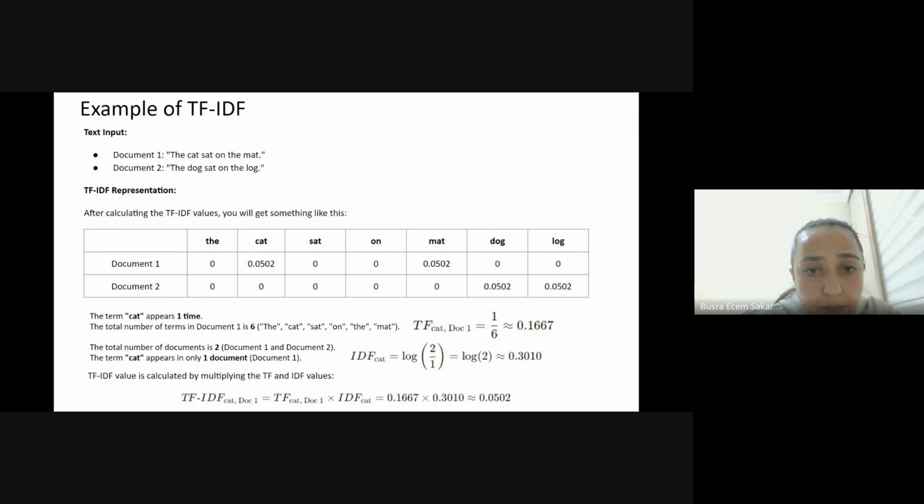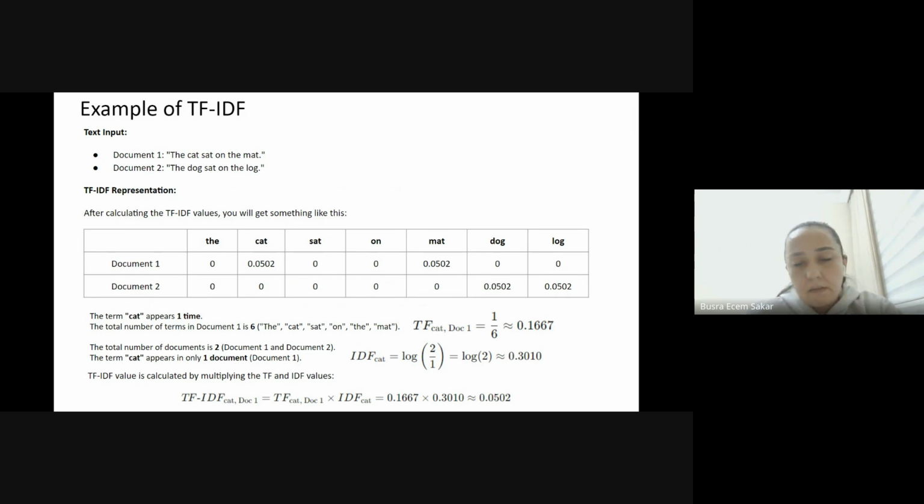Let's break down how this TF-IDF value for cat was calculated. Term frequency for cat in document 1: the word cat appears once, and document 1 has a total of 6 words. The cat sat on the mat, right? So the term frequency for cat in document 1 is 1 divided by 6, which is 0.16.